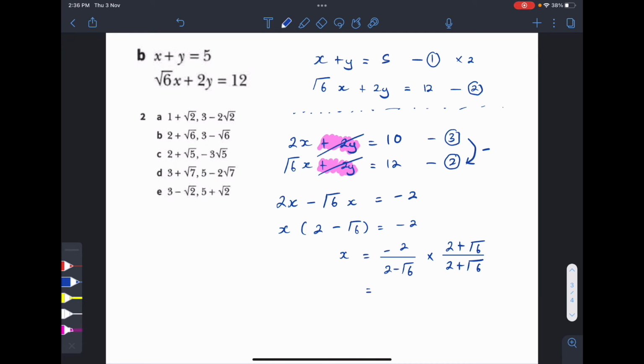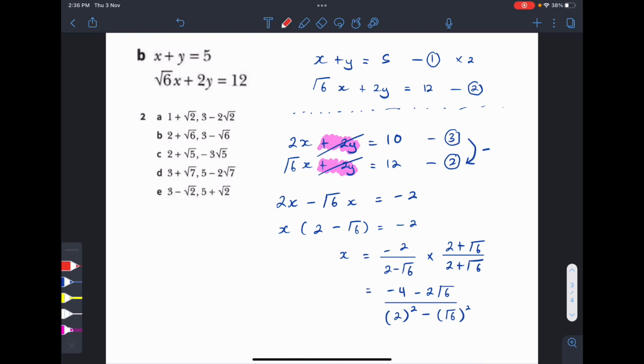We're going to get negative 4 plus, negative 2 times positive √6, that will get us negative 2√6. Alright, and at the bottom, we remember we can always do the shortcut method, which is 2 squared minus √6 squared.